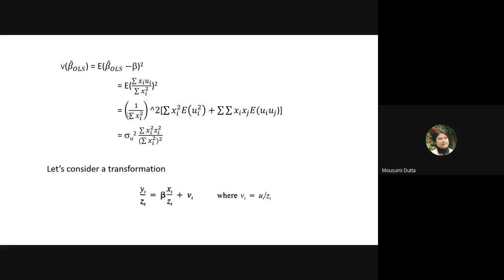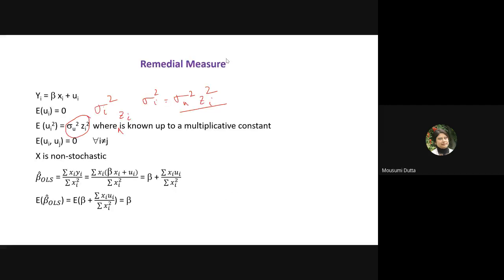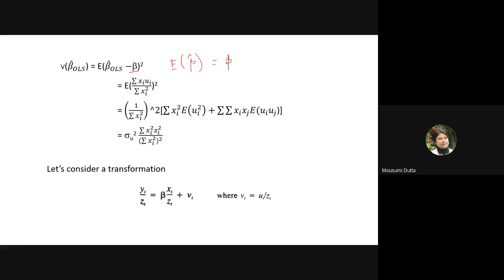Next, we are considering the variance of beta hat OLS, expectation of beta hat OLS minus beta whole square. Actually, beta hat OLS minus expectation of beta hat, and this expectation of beta hat is giving us beta. Now beta hat OLS minus beta from the last slide is summation xi ui divided by summation xi square. So I'm bringing summation xi ui divided by summation xi square whole square of that.